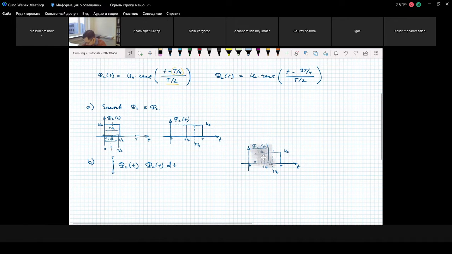I will make the first one red, and put above it the second pulse shape function.